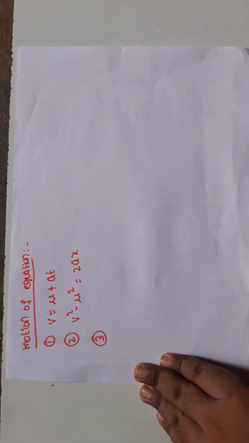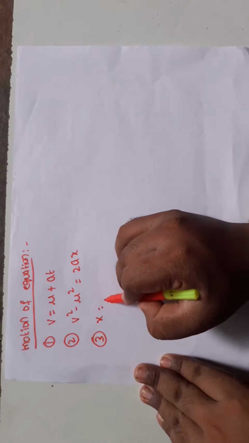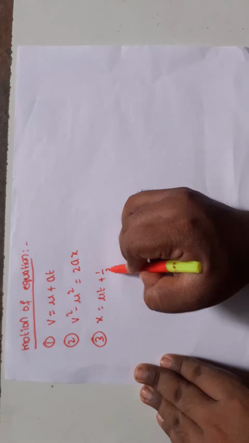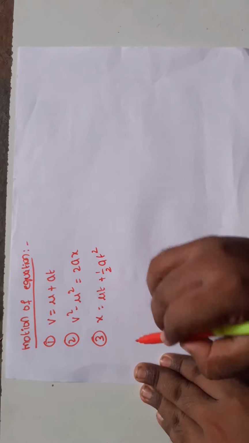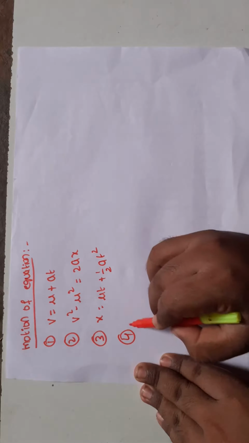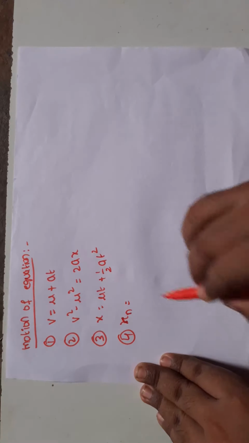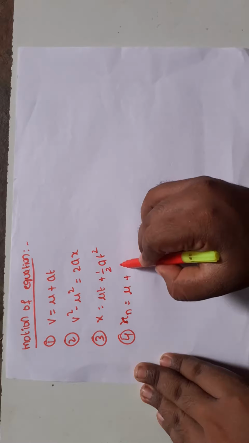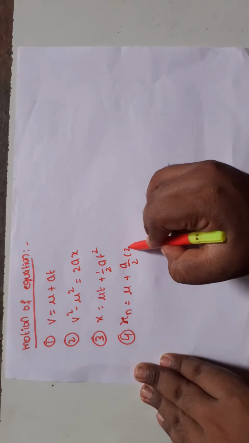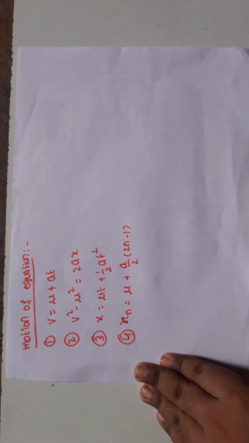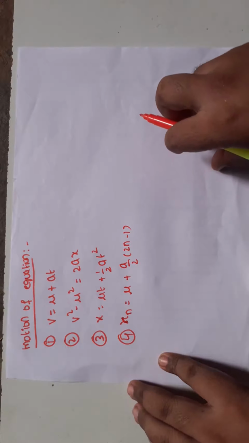The third equation is x equal to ut plus half at square. Next, the fourth equation: xn equal to u plus a by 2 into (2n minus 1). These four equations are called the equations of motion.